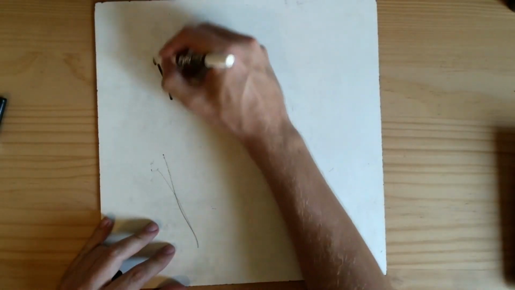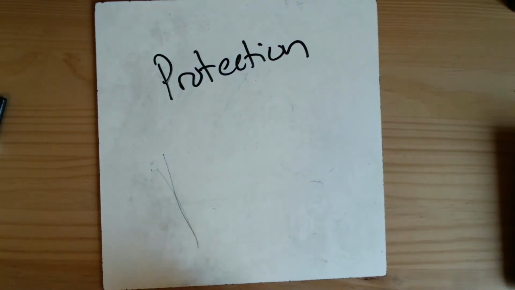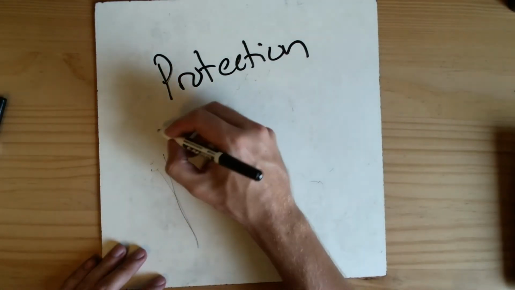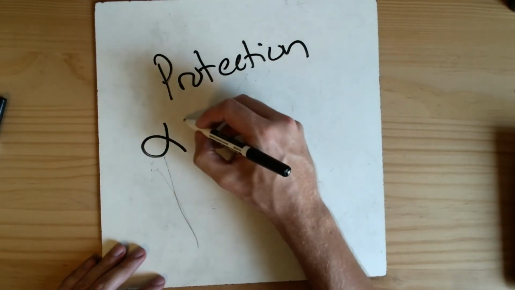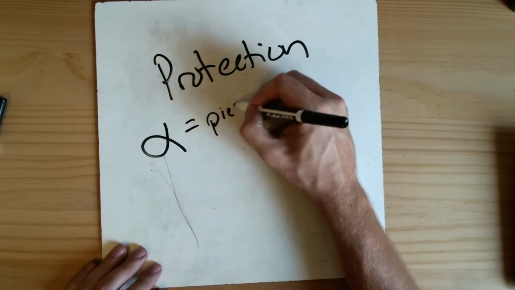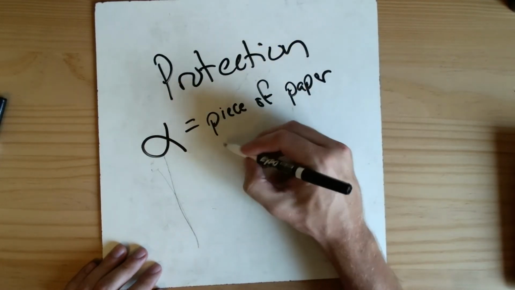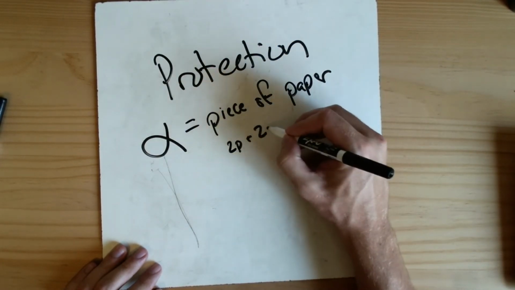Now, if we want to protect ourselves from radiation, it depends on what type of radiation we're dealing with. So if we're dealing with alpha radiation, you can actually stop alpha radiation with a piece of paper. Remember, alpha radiation is 2 protons and 2 neutrons.